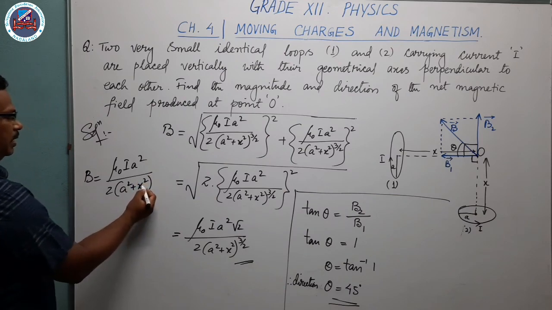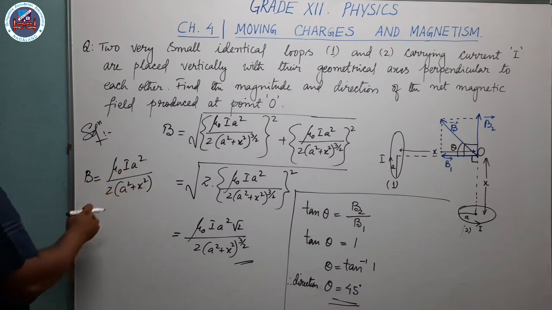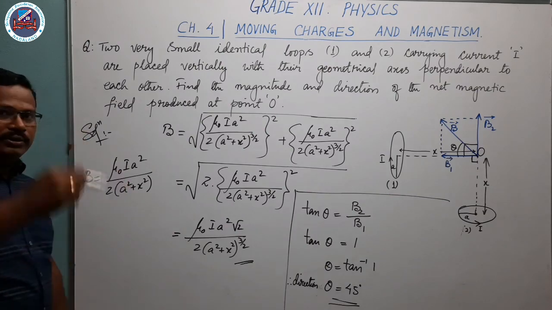If the distance is r, it will be r square. This is the expression. But this is for a single ring.